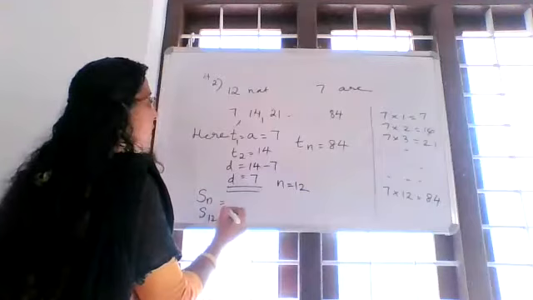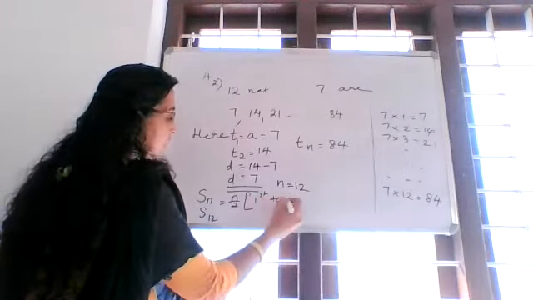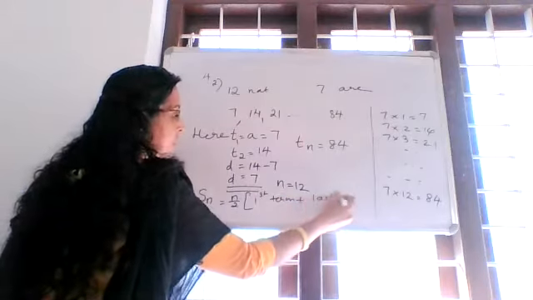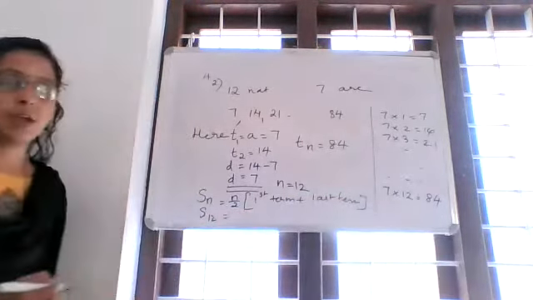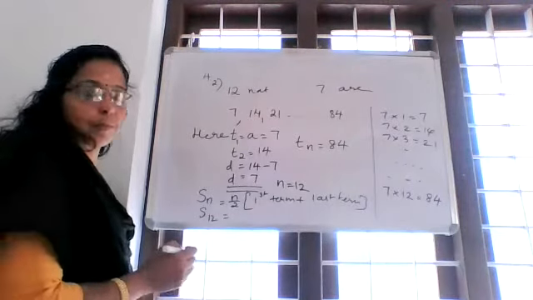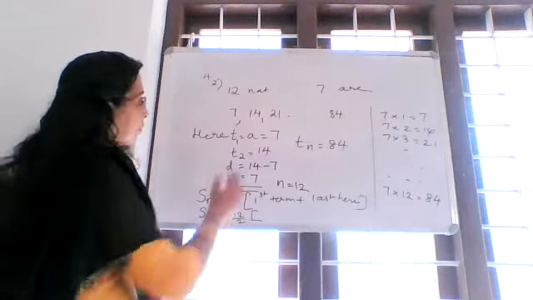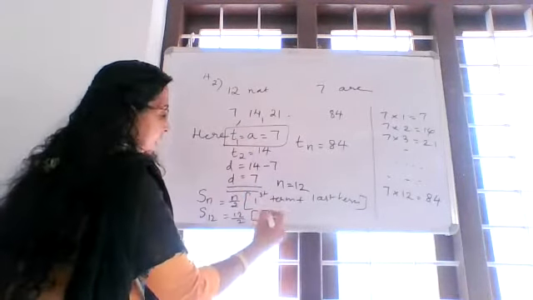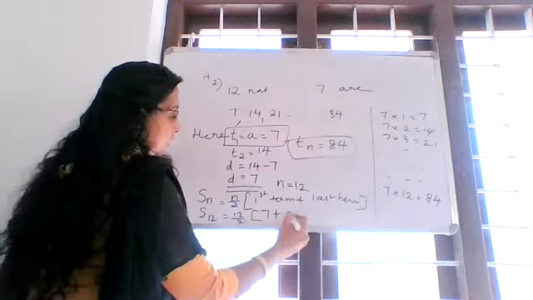So the formula: Sn is equal to n by 2 into first term plus last term. Here n is equal to 12. So 12 by 2 into first term 7, plus last term 84. 7 plus 84.